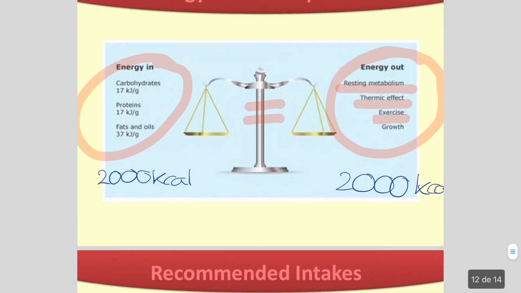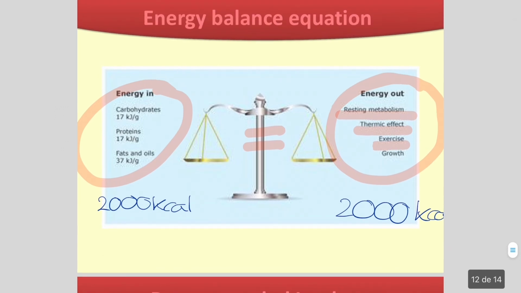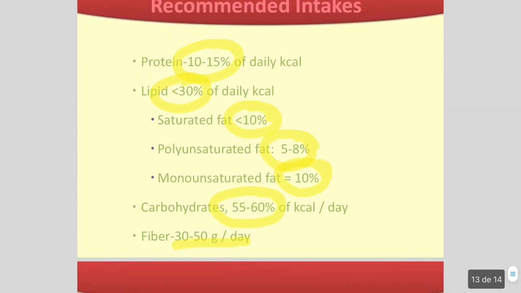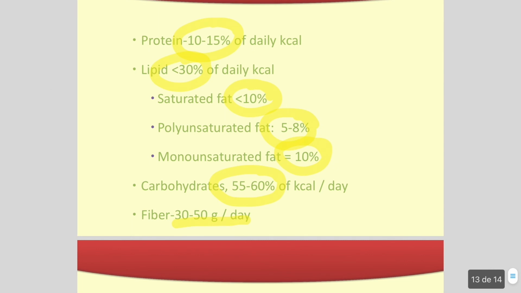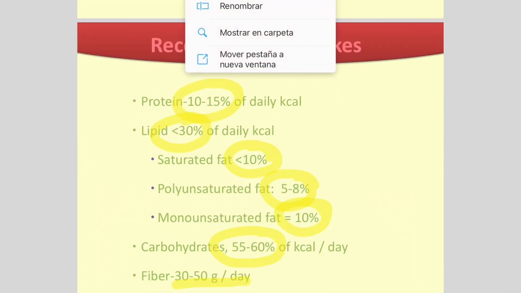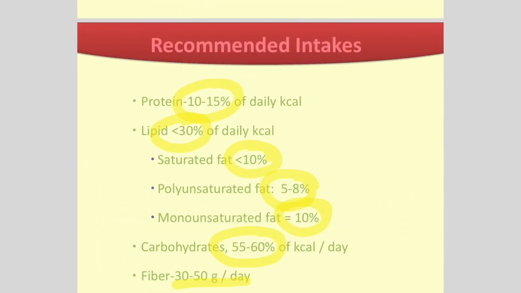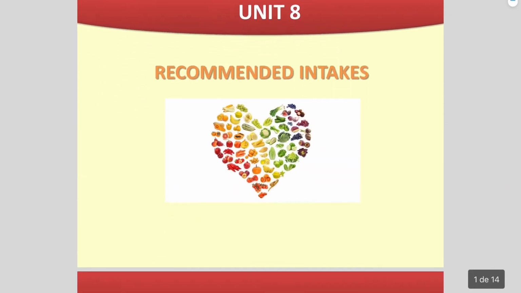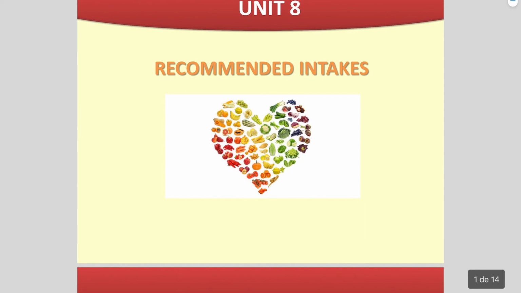The number of calories a person needs, there are no standard values, will be the same as the energy that person consumes. And once we have this number, we can calculate the different macronutrients that person needs with these percentages. So with this we finish Unit 8, which speaks about recommended intakes.